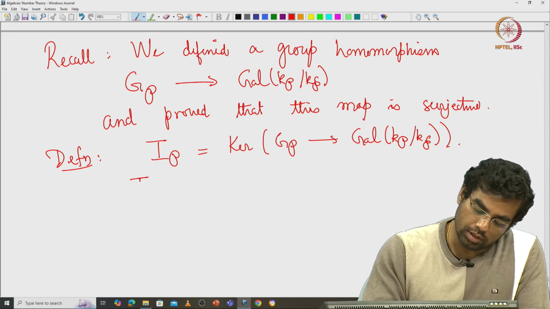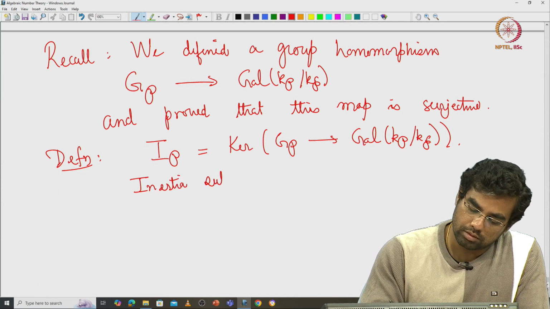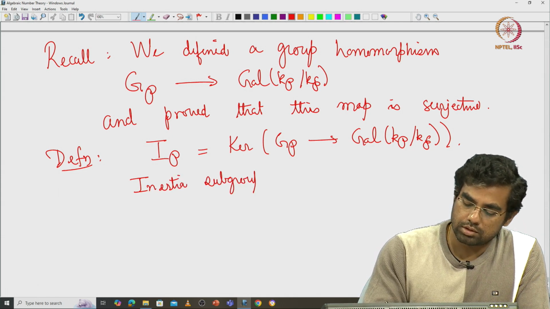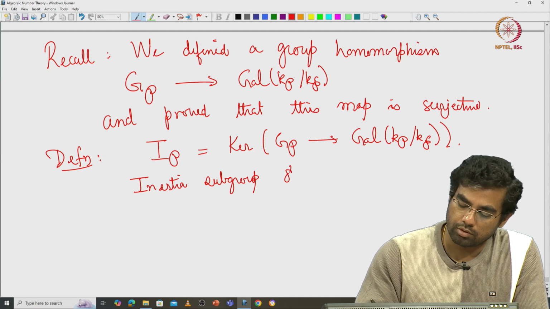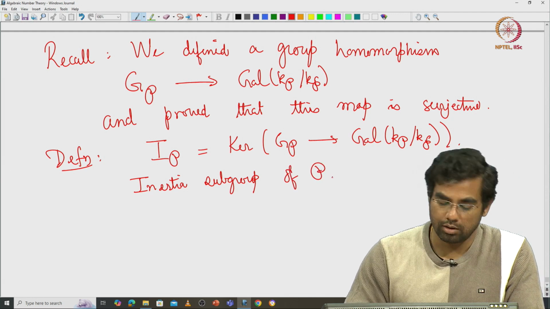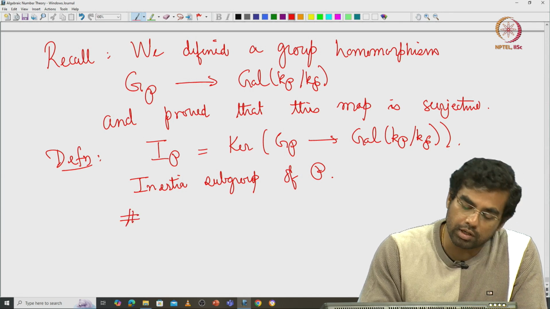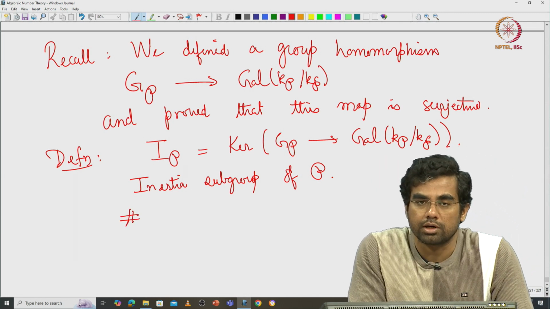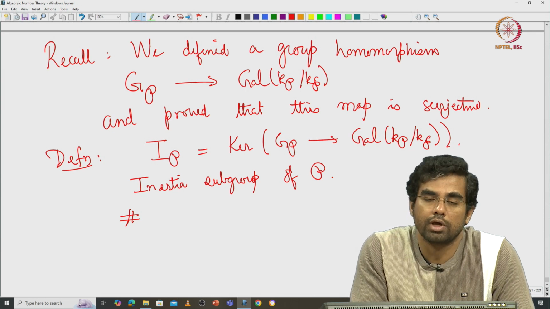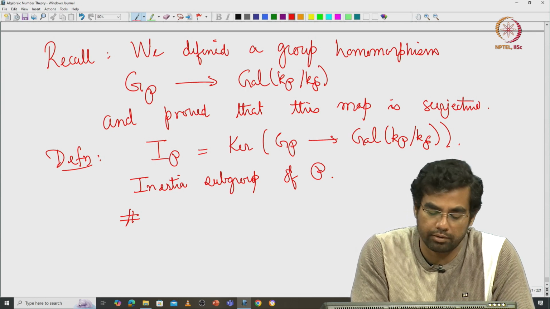This is called the inertia subgroup of P. And also recall that the order of G sub P is E times F and the order of the Galois group of K P over K small p is F.